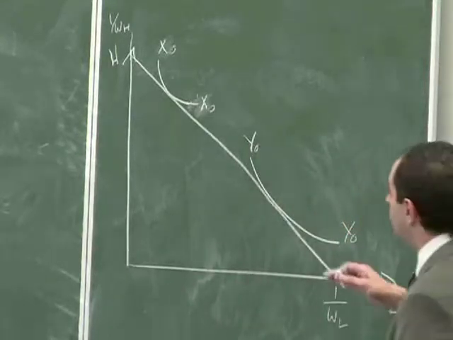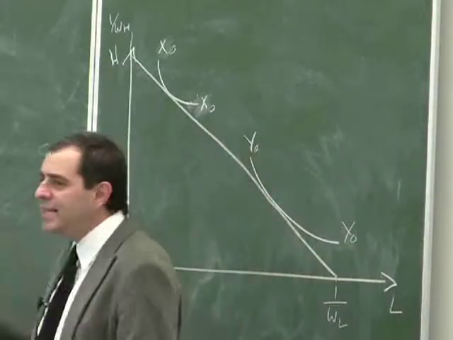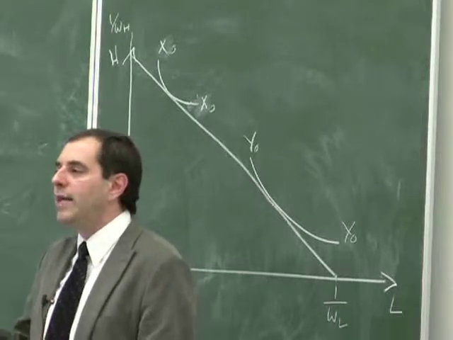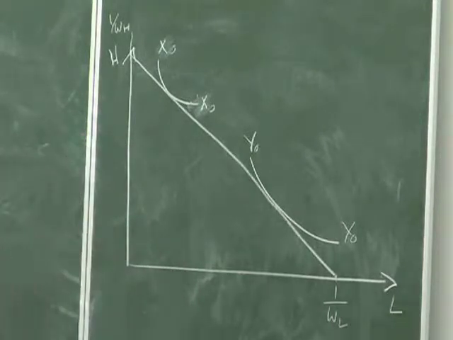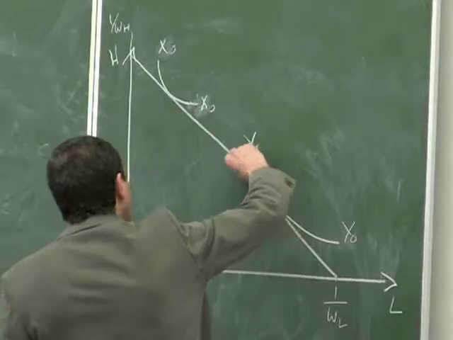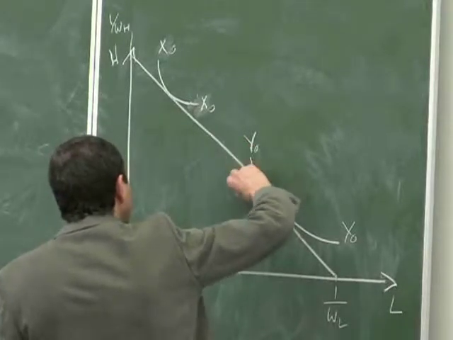Now, what's happening in this example? This is equivalent to an inward shift in these isovalue curves, which comes from the fact that you can produce more good at the same world price while using fewer inputs. So you can think of this as essentially an inward shift plus rotation.